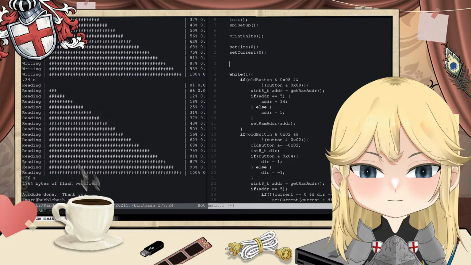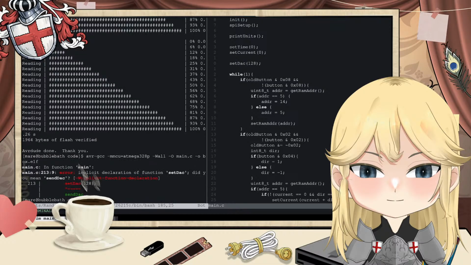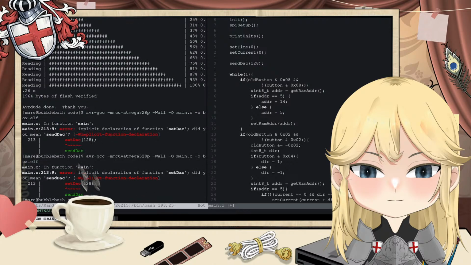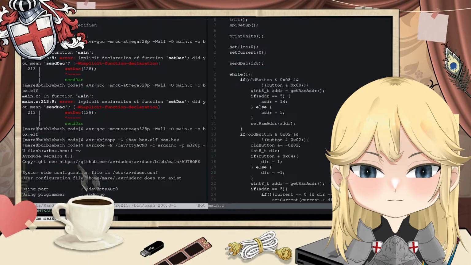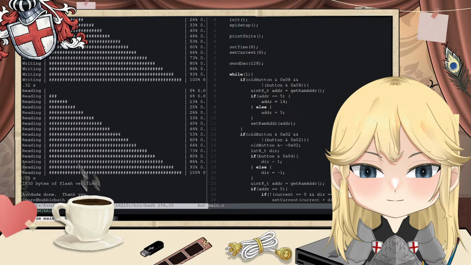If we set DAC to 128, we should get something like 6 volts. Send, not set. My naming scheme is very inconsistent. Send. There we go. I didn't save it, did I? Compile, copy, and send. Now let's see.